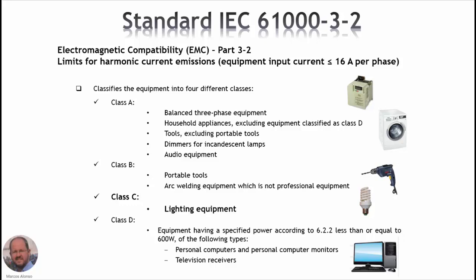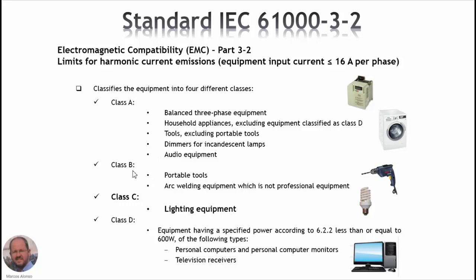So this standard classifies the different equipment into 4 different classes. We have the class A for balanced 3-phase equipment, household appliances, tools, dimmers for incandescent lamps, audio equipment, and so on.